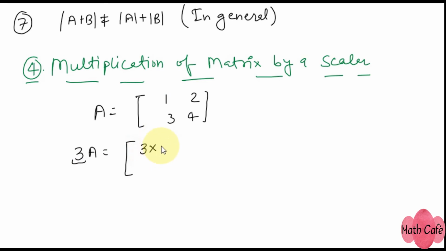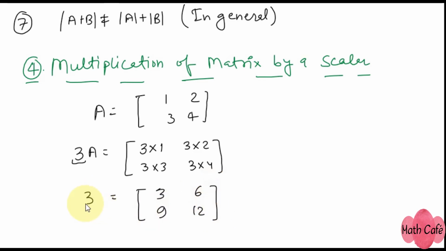I am going to multiply 3 by each of the elements. So 3 multiplied by 1, 3 multiplied by 2, 3 multiplied by 3 and 3 multiplied by 4. Alright, so 3A will become 3, 6, 9 and 12.